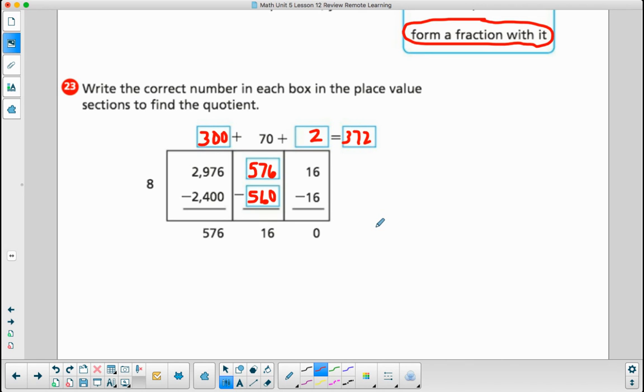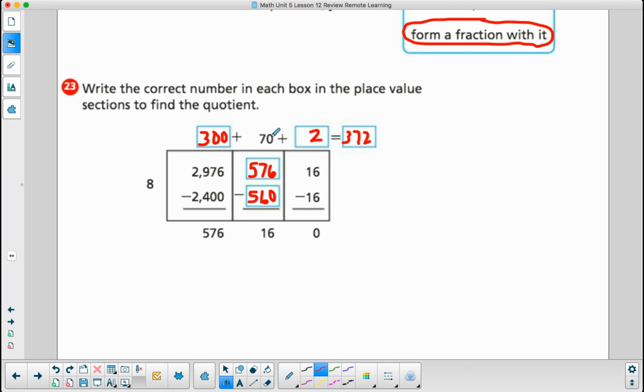So that's how I would fill in the place value sections if you're a person that likes to do place value sections. What they did is they said, okay, I have 2,976. How many hundreds are in there? There's 3 hundreds in there. 3 hundreds multiplied by 8 was 2,400. I have 576 left. Now, how many tens in 576?